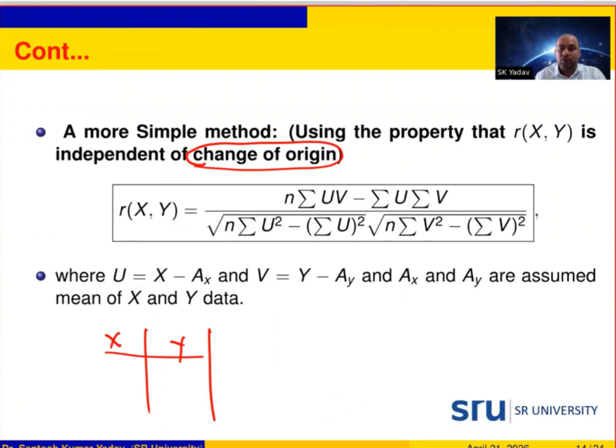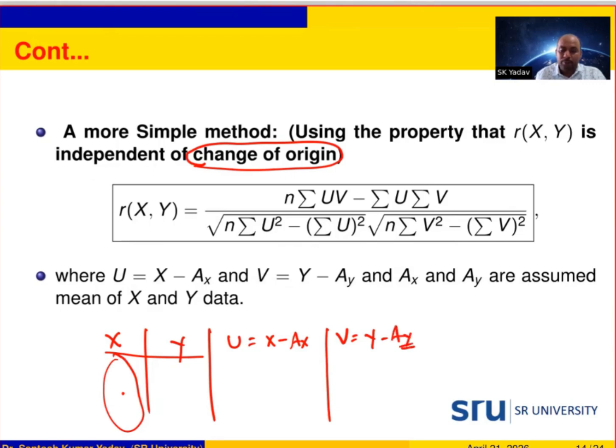So when I do squaring or product of squares, it will not be easy. So what I will do is write u as x minus some mid number in the x values, some assumed mean of x, and then v as y minus an assumed mean of y.